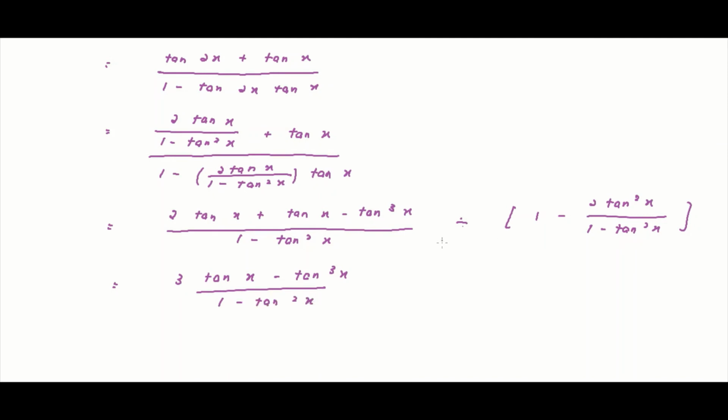Okay, so how about this part? You can simplify the 1 here first. So 1 minus tangent square x minus 2 tangent square x divide by 1 minus tangent square x. So this one you don't have anything that you can simplify anymore.